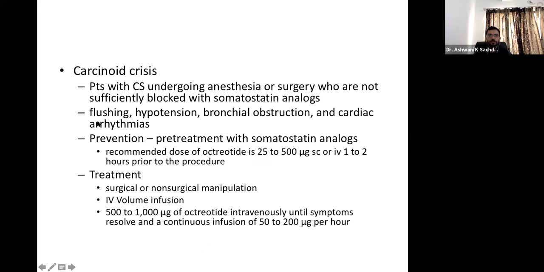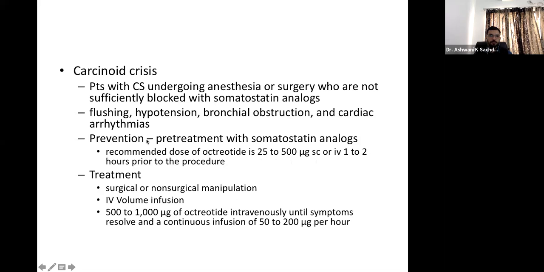Another thing is carcinoid crisis. It occurs in patients with carcinoid syndrome who are undergoing anesthesia or surgery and are not properly blocked with somatostatin analogs prior to the surgery. They develop symptoms of flushing, hypotension, bronchial obstruction, and cardiac arrhythmia. Prevention is pre-treatment with somatostatin analogs, octreotide 25 to 500 micrograms subcutaneous or IV, 1 to 2 hours prior to the procedure.